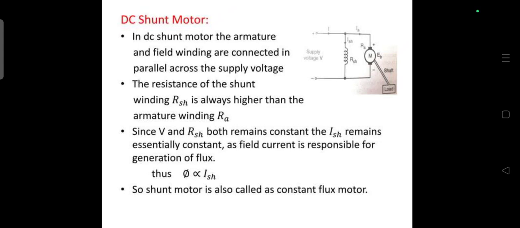Then the next important DC motor is the DC shunt motor. The DC shunt motor and DC series motor are the most common DC motors used in the world nowadays. In a DC shunt motor, the armature and field winding are connected in parallel across the supply voltage.